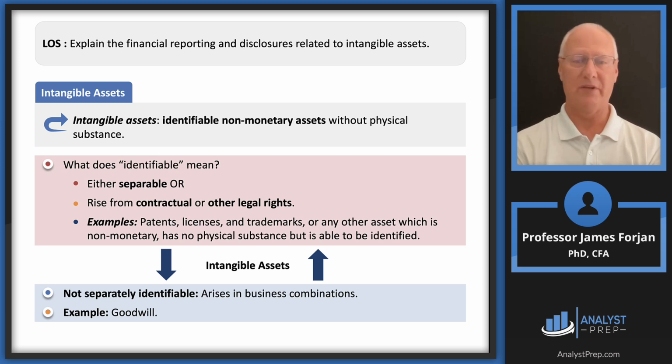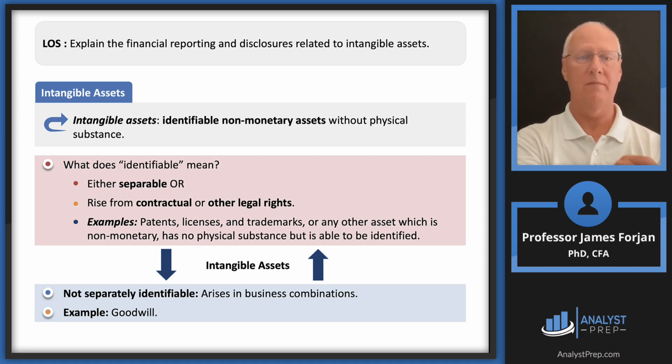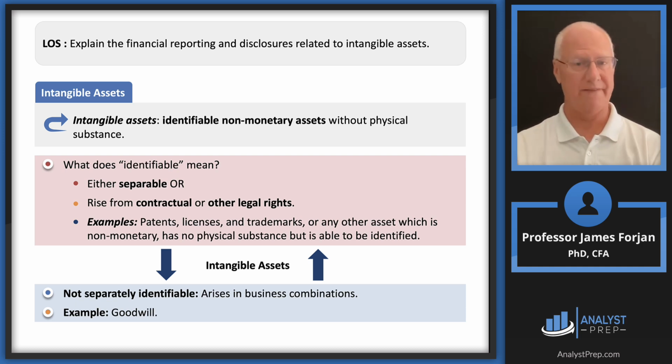Now look at some of the examples. You probably know this: patents, licenses, trademarks. If you have a minute, go to the CFA Institute webpage and you'll see lots and lots of good stuff about the CFA trademark. And let me just remind you, we'll go ahead and cover this in another learning module, that if you look at my name, it has James Forgen, PhD, CFA.